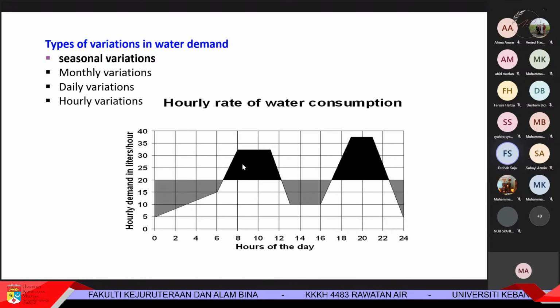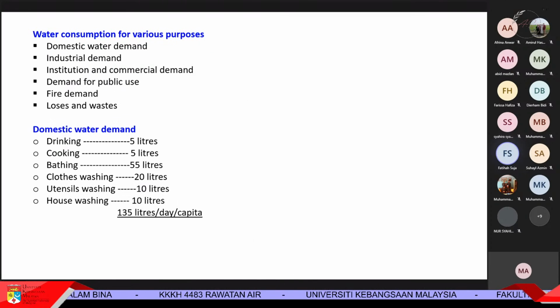Water consumption for various purposes. You have domestic water demand, which includes water for drinking, cooking, bathing, clothes washing, utensils, and house washing. After you list all of your needs, you will be able to determine your per capita demand.